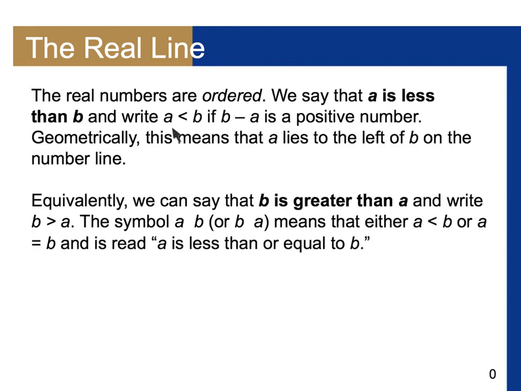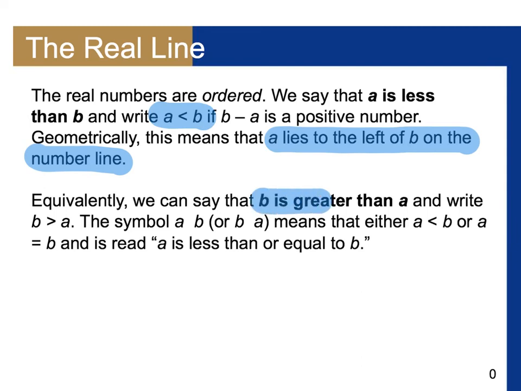So for inequalities, if we say A is less than B, then we can say A lies to the left of B on the number line. So less than means it's to the left on the number line. We could say it this way too: B is greater than A, which means the same thing. In fact, you can read inequalities backwards.